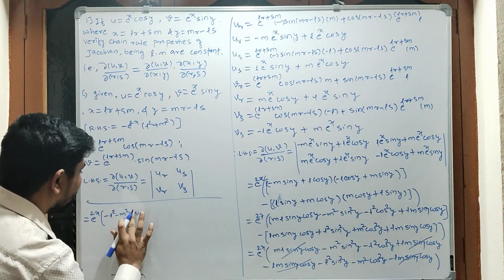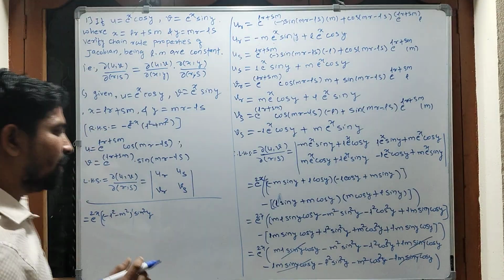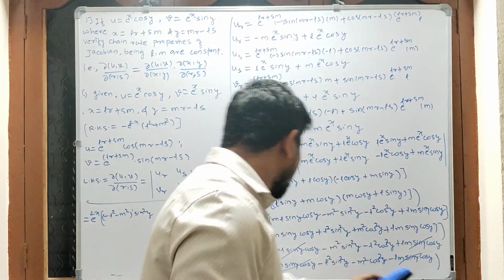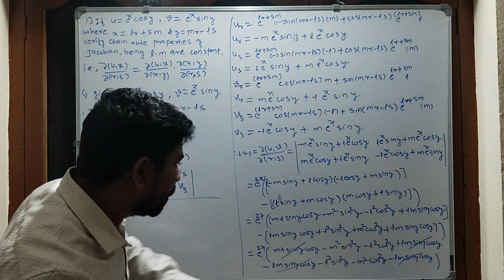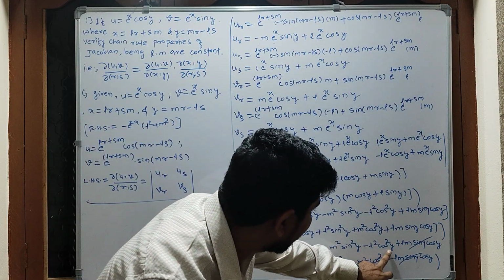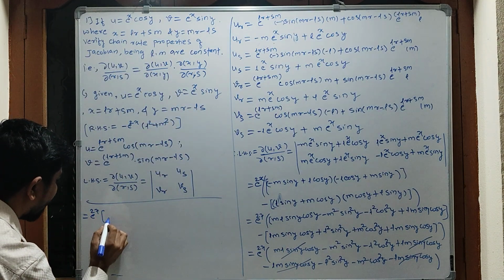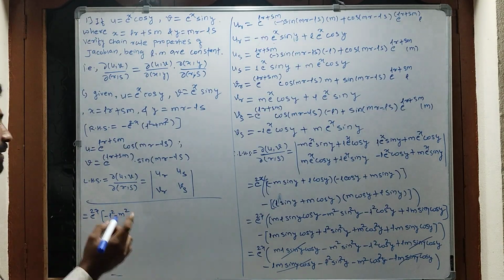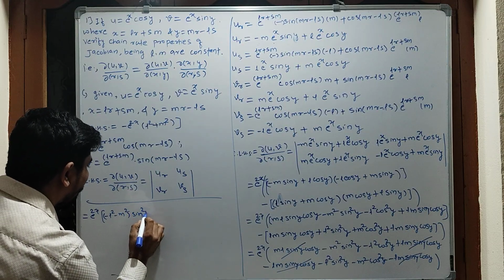This is the sin square term, so I will take the sin square term common from here, and the cos square term from there. This is equal to e to the power 2x times minus L square minus m square, taking sin square y common.